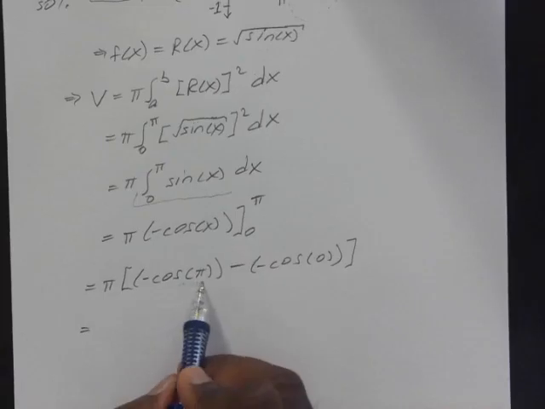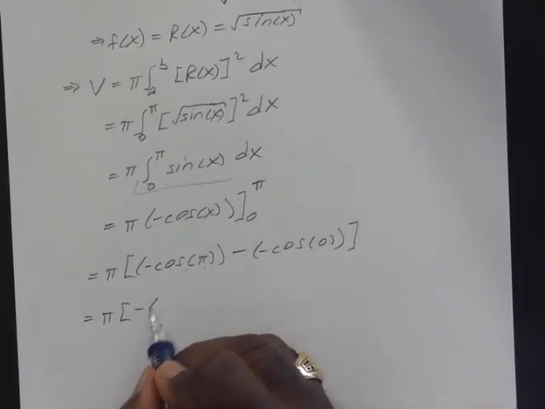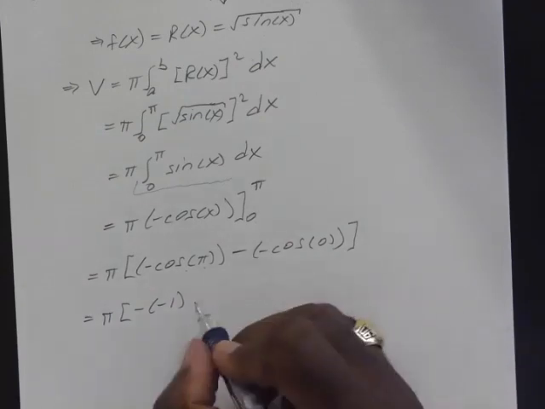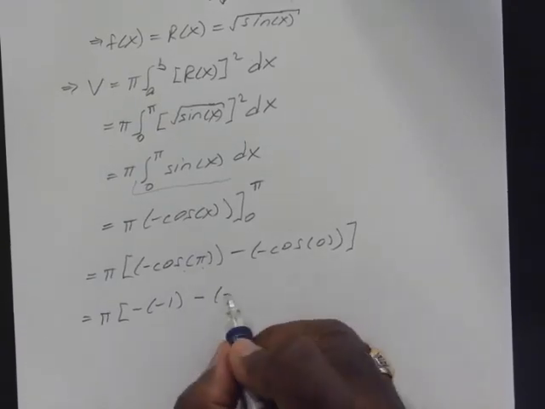Well, we know cosine of pi is negative 1. So this is pi times negative 1. Minus cosine of 0 is just 1, so it's minus negative 1.